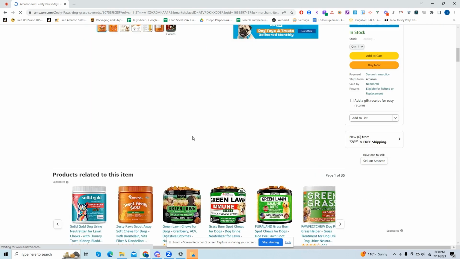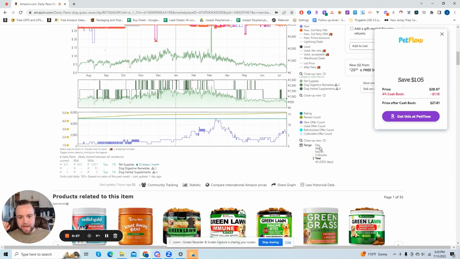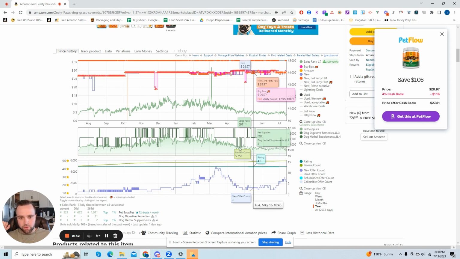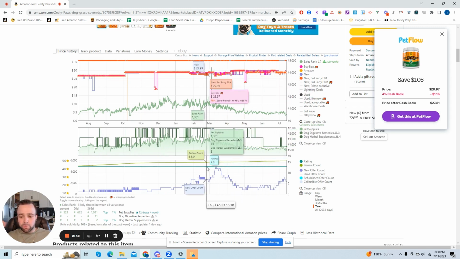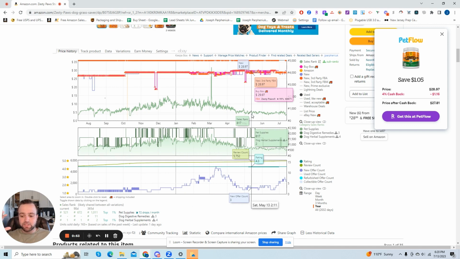We have the Zesty Paws right here, and this right off the bat looks a lot more like a wholesale product. So we have a very low sales rank and not too much competition. If this was an arbitrage product at this sales rank, there would be a lot of sellers on this listing.